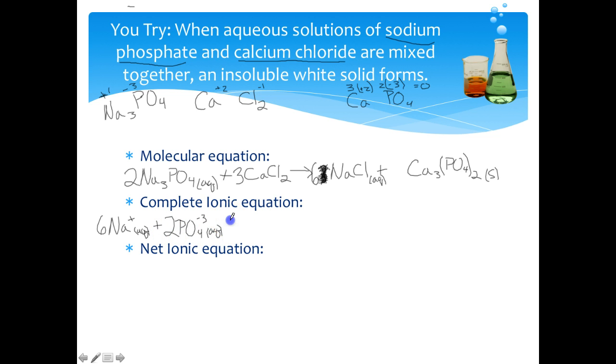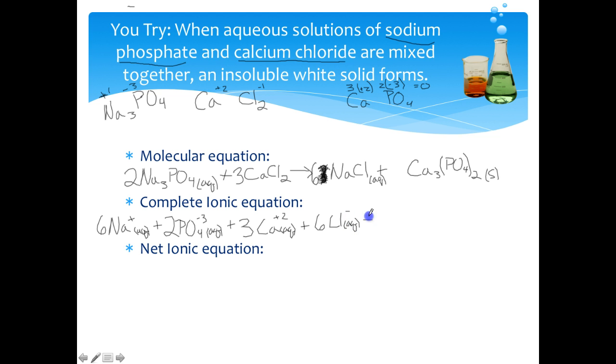Okay? And then let's do the next compound. There are 3 calciums, which are also aqueous, with a plus 2 charge, and there are 6 chlorines, which are aqueous, with a minus 1 charge.